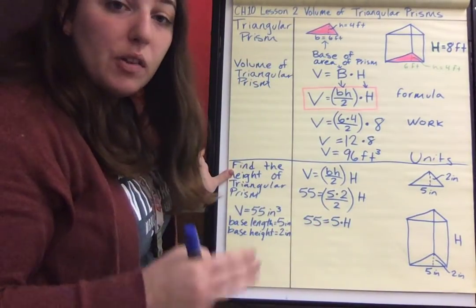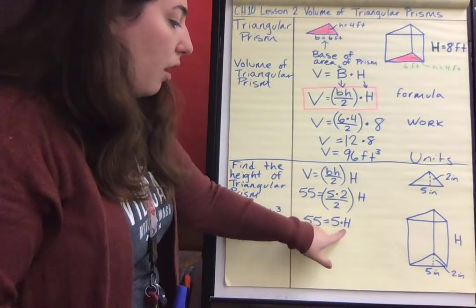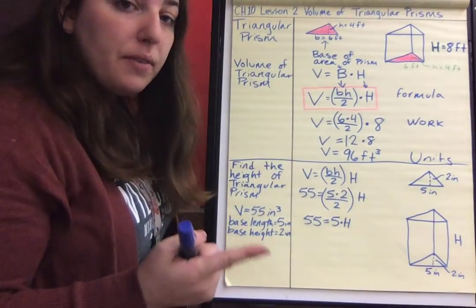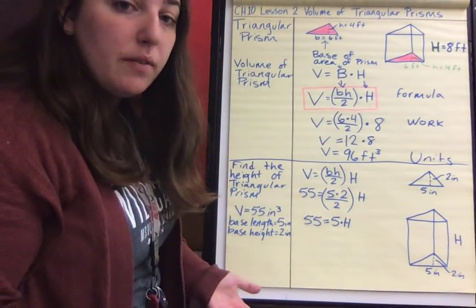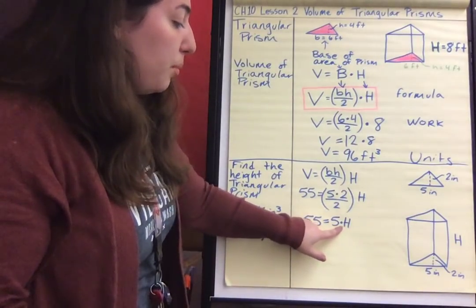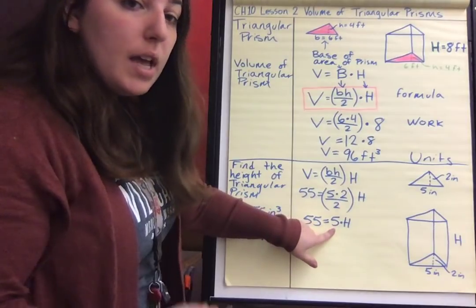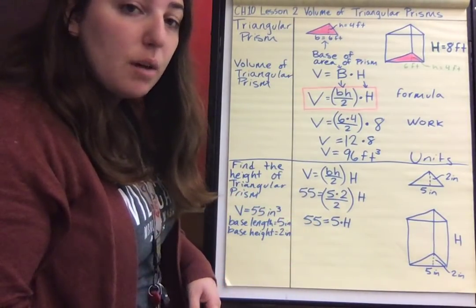Okay, so now I'm following the same 3 steps that I always follow when I'm trying to solve for a variable. Step 1, find the variable right here. Step 2, find out what's happening to the variable. What operation is being done? Well, it's being multiplied by 5. And step 3, I'm going to undo what's happening to it by using inverse operations.